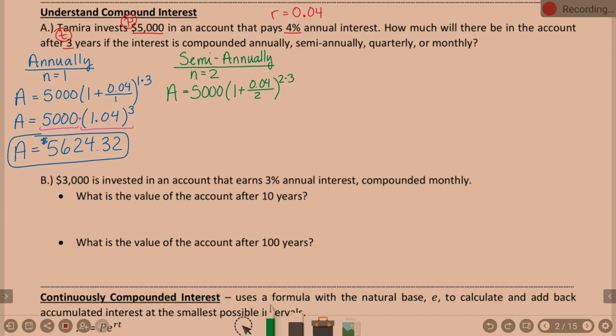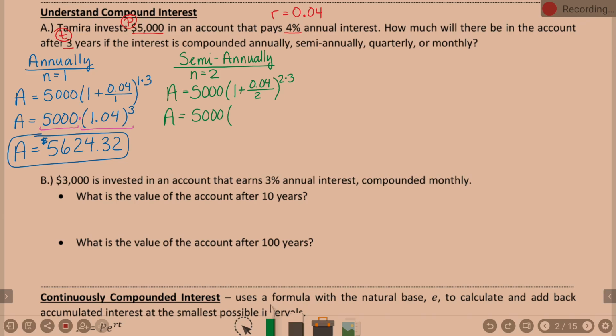Now, depending on your calculator level of skill, it is definitely possible to just punch that into the calculator and come up with an answer right there. But there's some skill that has to be dealt with. Okay? My recommendation is always going to be that we clean up just a smidge before we do the final answer.